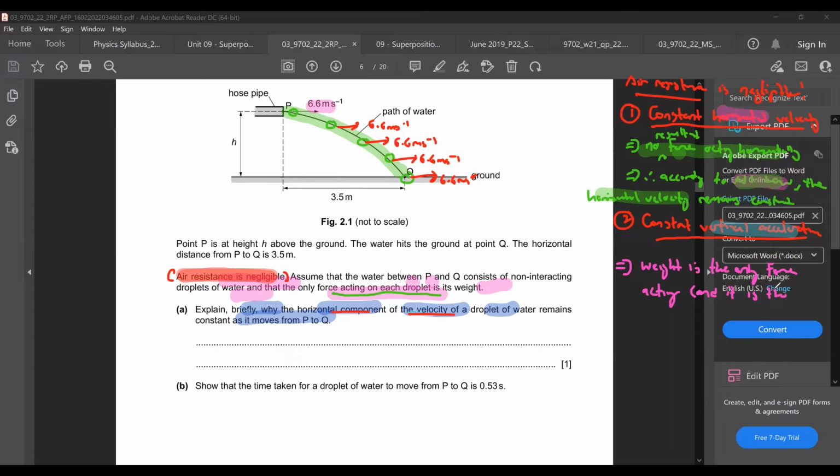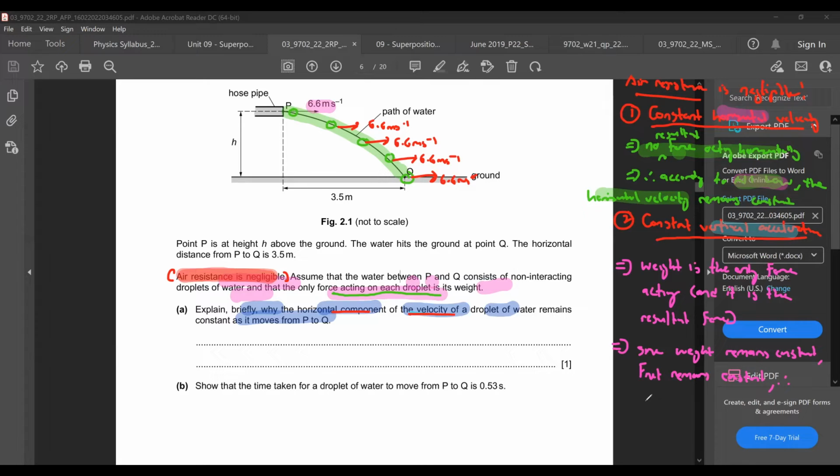Since the weight did not change, since the weight remains constant when your object falls down, F net remains constant.